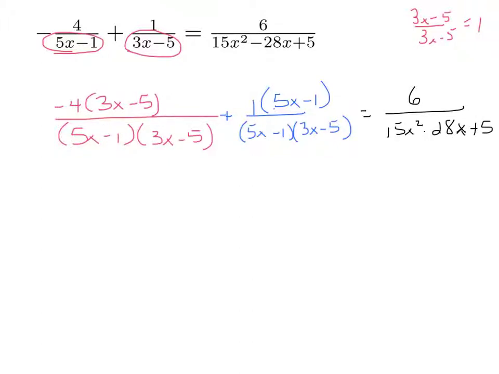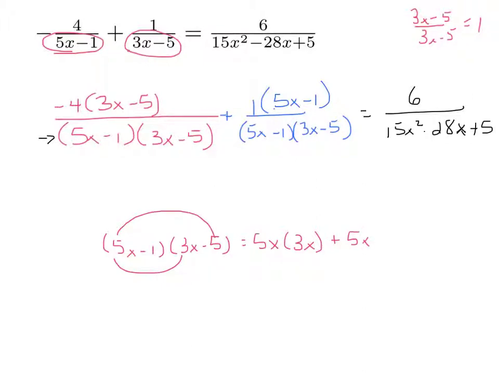Now, I'm going to multiply those denominators. So I'm going to multiply this denominator, the 5x minus 1 times the 3x minus 5. So I'm going to use FOIL. I'm going to multiply the first, which is 5x times 3x. The outer, which is 5x times negative 5. The inner, which is negative 1 times 3x.